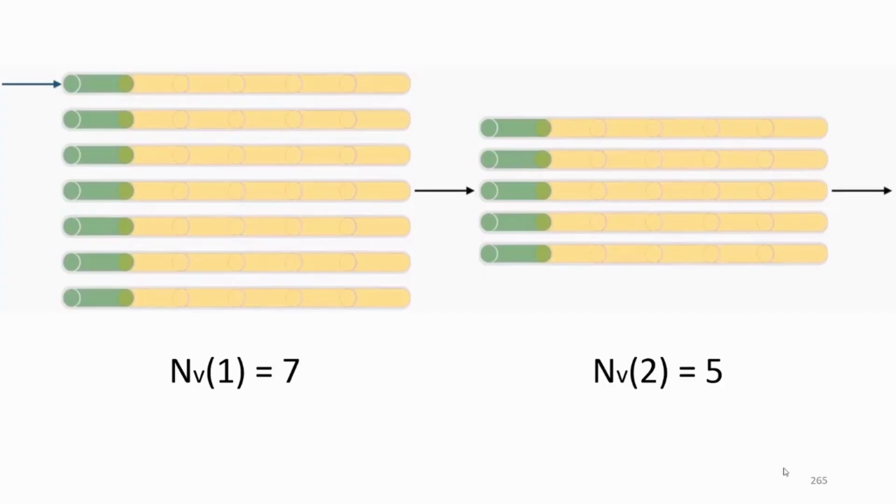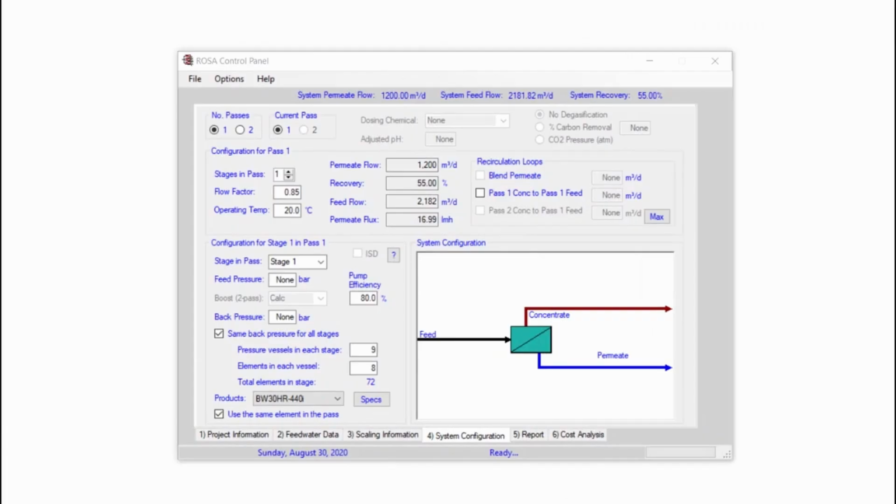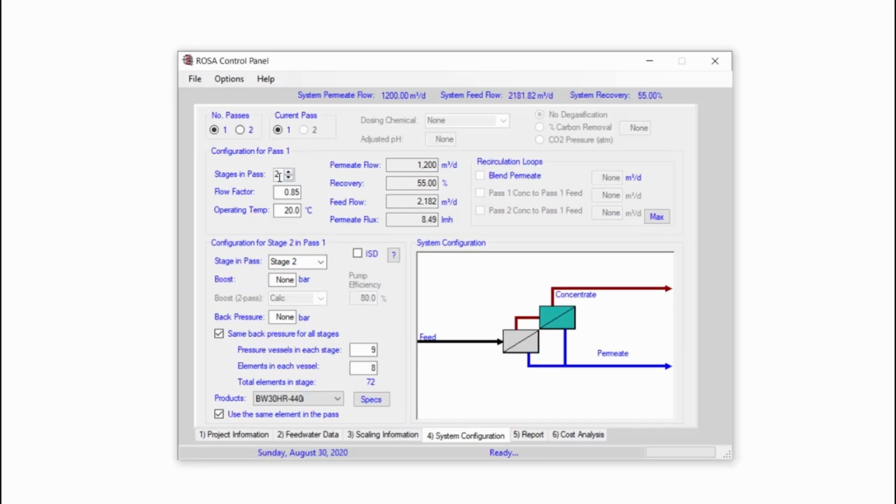Now let's get back to the software and design it again. To increase the stages, you can use this stages-in-pass option and increase it to 2. If you click on each of them, you can change the information.